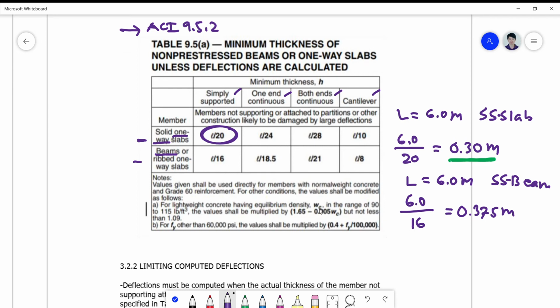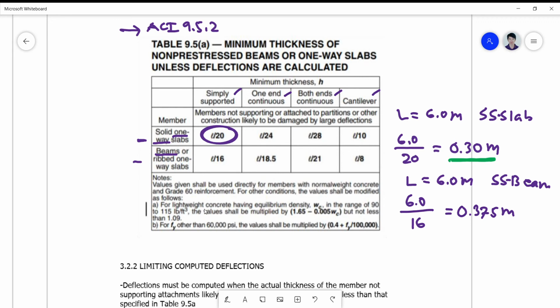So it's a simple requirement that you can use, but again, this is only limited to the condition that your member is not attached to elements likely to be damaged by large deflection. So you don't have to calculate, you just use the table when you want it.